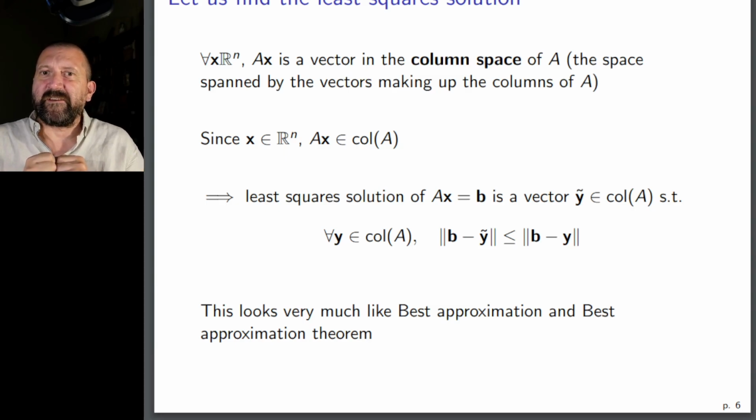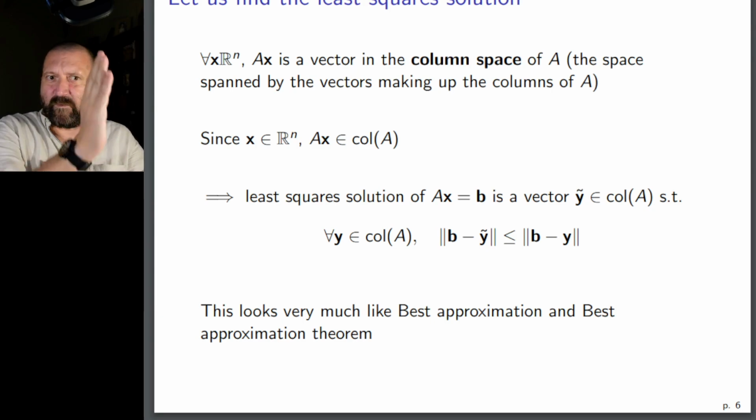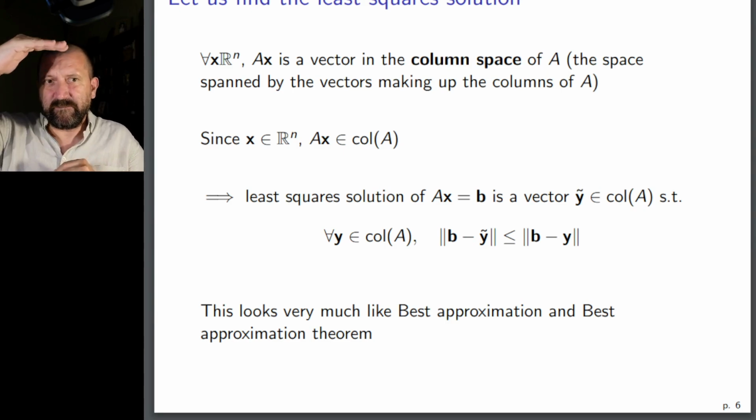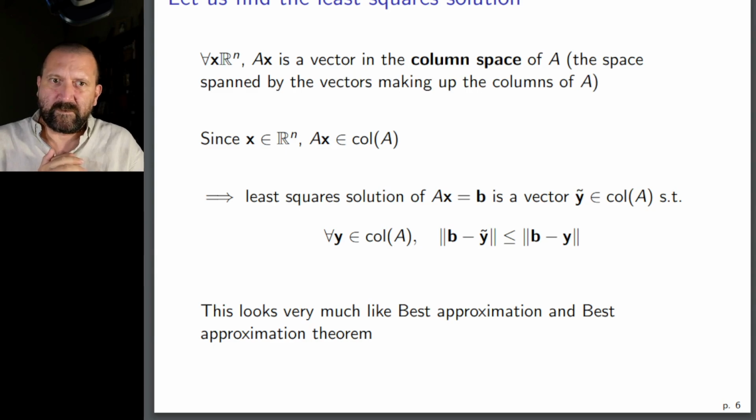Ax is a vector and we say it belongs to the column space of the matrix A. The column space is the space spanned by the vectors that correspond to the columns of A, the same way we call row space of a matrix A the space spanned by the rows of A. I'll just point out, for instance, suppose I have a square matrix and that it's invertible, then the column space and the row space are both going to span the entire space, so they're going to span Rn.